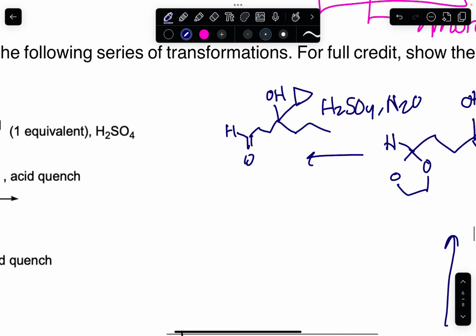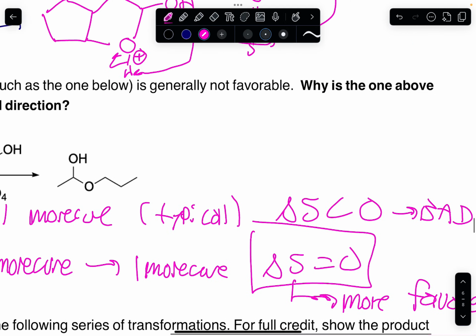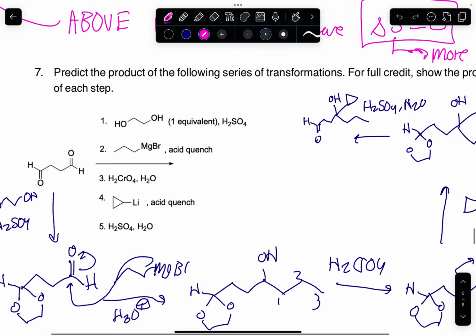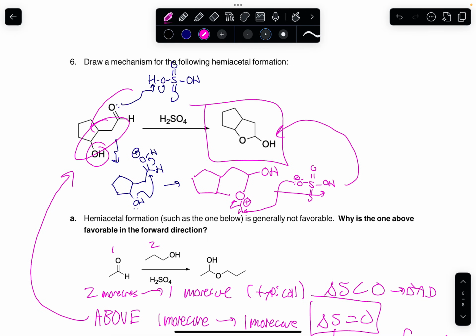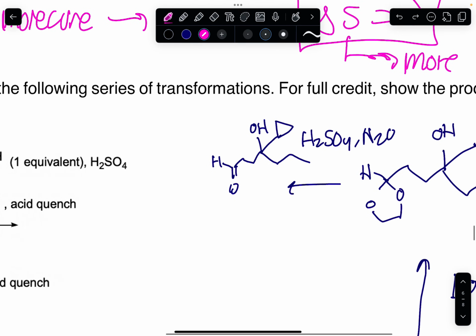A lot of you will probably say that it is. However, let's consider the problem we literally just did above. If we have an alcohol, we can't control exactly the amount of acid that we're using. If we have an alcohol and a carbonyl in the same molecule, it will form a hemiacetal intramolecularly.